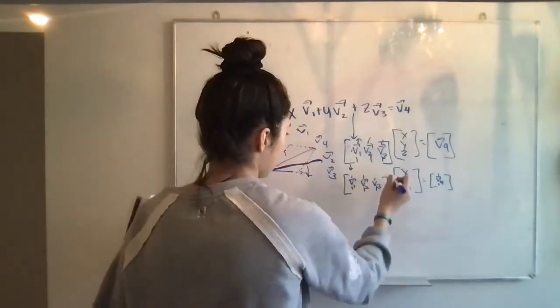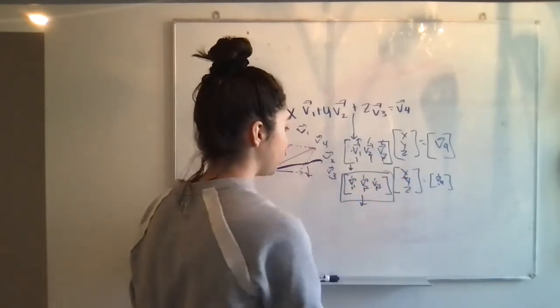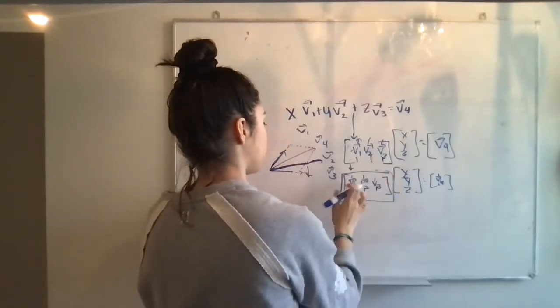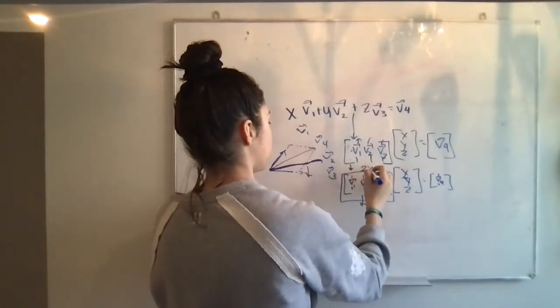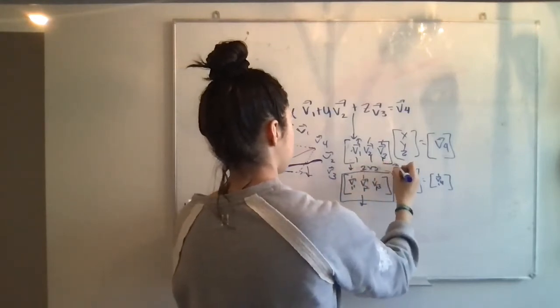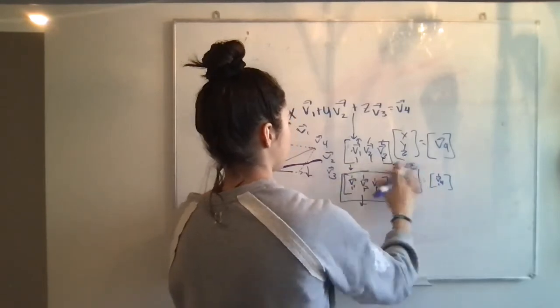Once we've gotten to that point, what we can say is that right here, if we would multiply these two together, we've got 2 times 3, 3 times 1. Or, sorry, ignore that.